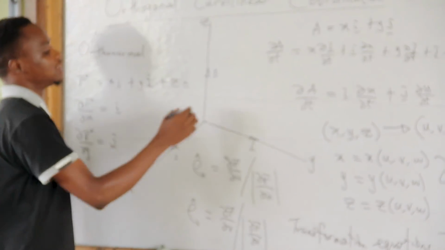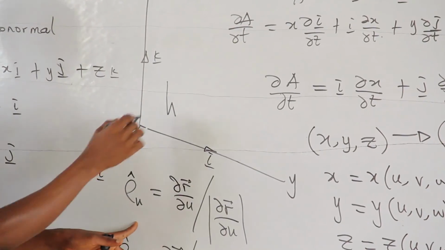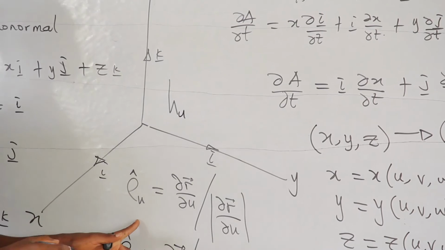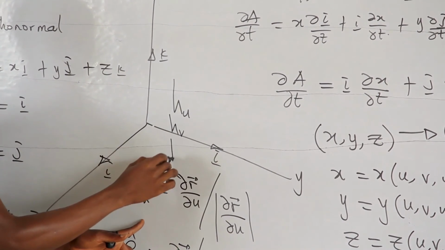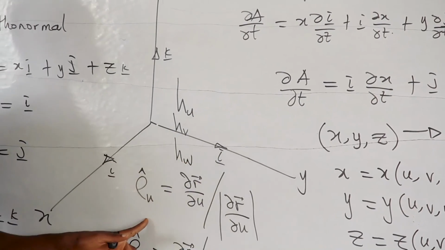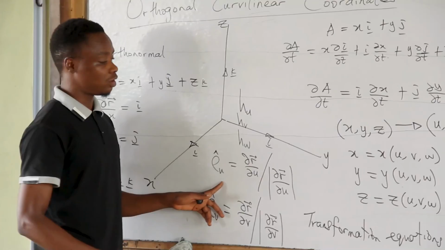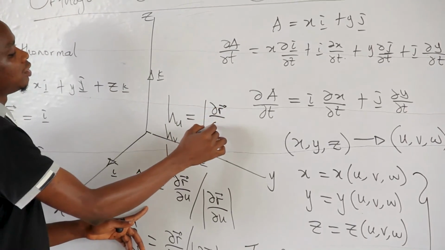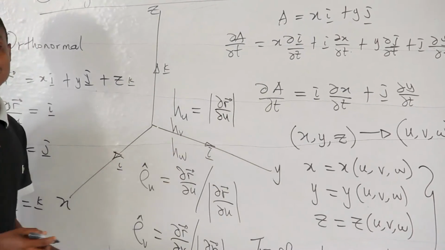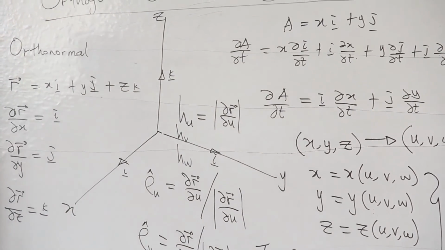A scale factor is denoted as H. So the scale factor for U is denoted as H_U. The scale factor for V is denoted as H_V. The scale factor for W is denoted as H_W. Scale factor here is written as the modulus of del r del u. So when you see scale factor H_U, it means the modulus of del r del u.